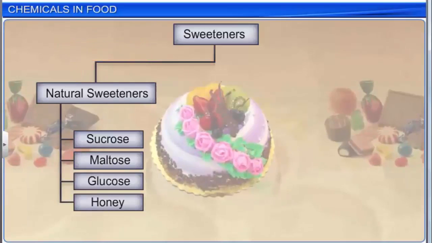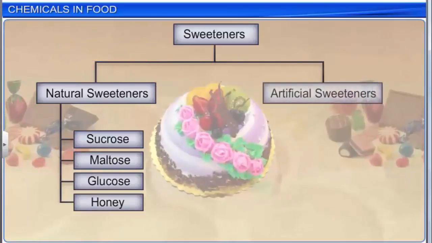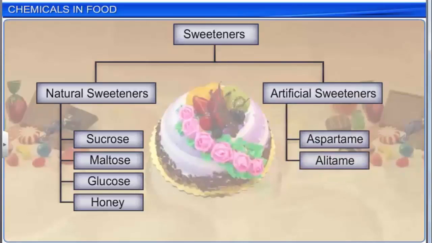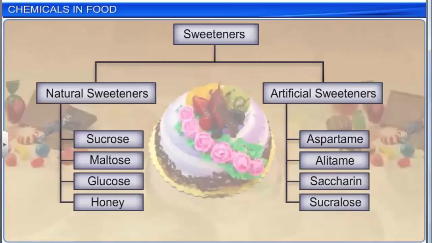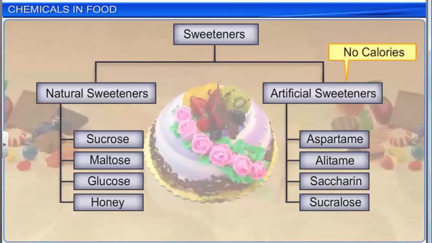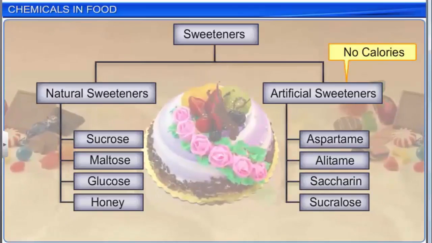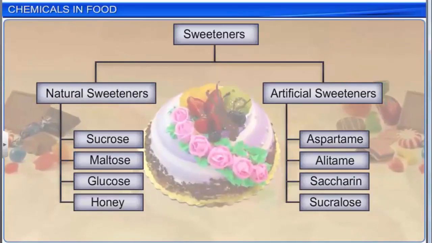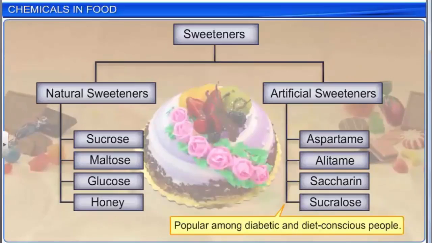On the other hand, artificial sweeteners like aspartame, allantoin, saccharin, and sucralose are basically non-nutritive sugar substitutes, as they provide no calories when consumed. Hence, they are popular among diabetic and diet-conscious people.